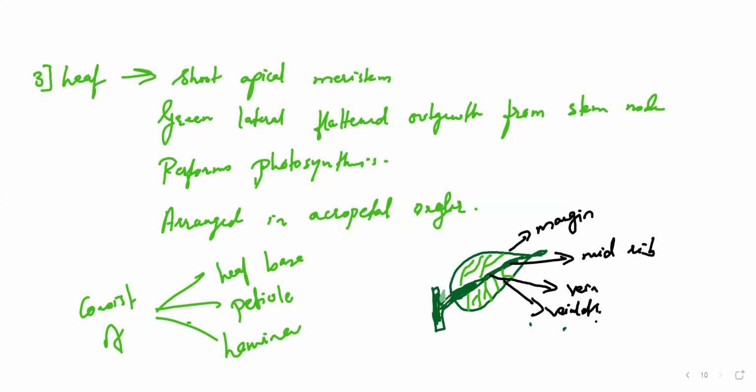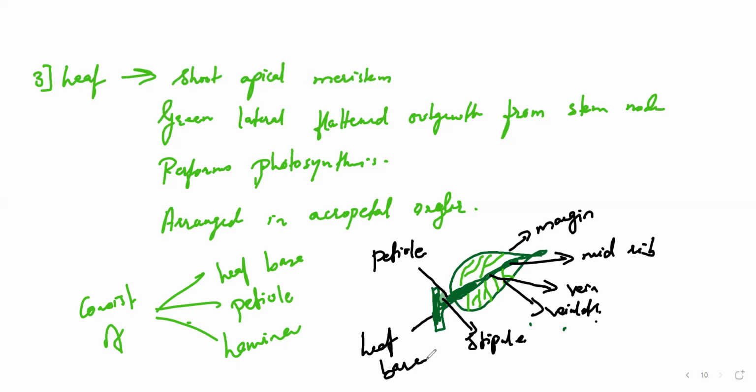Okay, this structure, the small thing, is called the stipule. Then this thing is the petiole, and this is called the leaf base. Okay, so usually there is a mid vein or a midrib. Okay, again, it has different veins or veinlets over there.